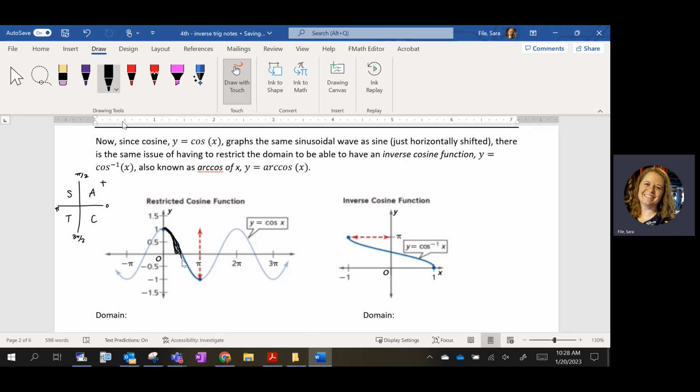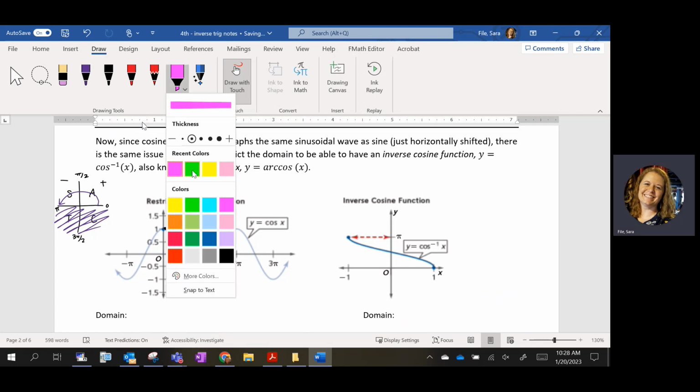If I continue going forward, I get negative cosine values here in quadrant 2. Cosine's negative here. So for cosine, I actually can use quadrants 1 and 2. I can go from 0 to pi. Now, if I try to go past pi, these are going to be repeated values from quadrant 2. So I can't use 3 or 4 for inverse cosine. That's no man's land for inverse cosine.